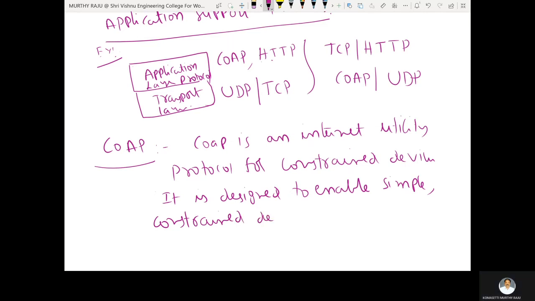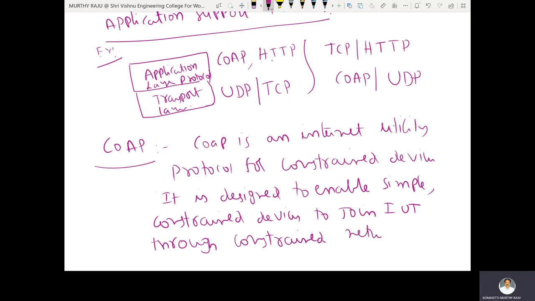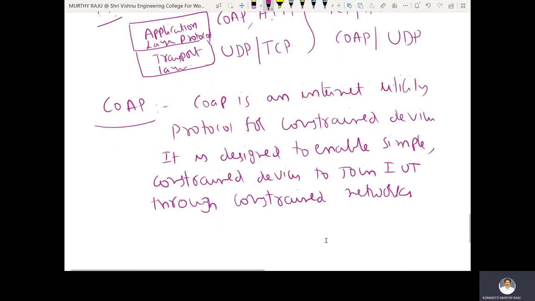Having constrained networks means having low bandwidth and less availability.